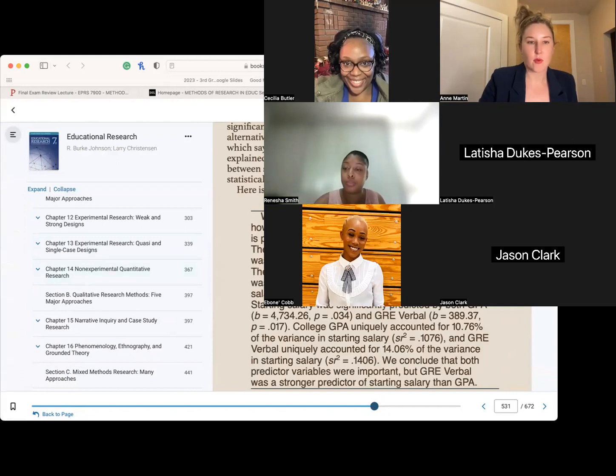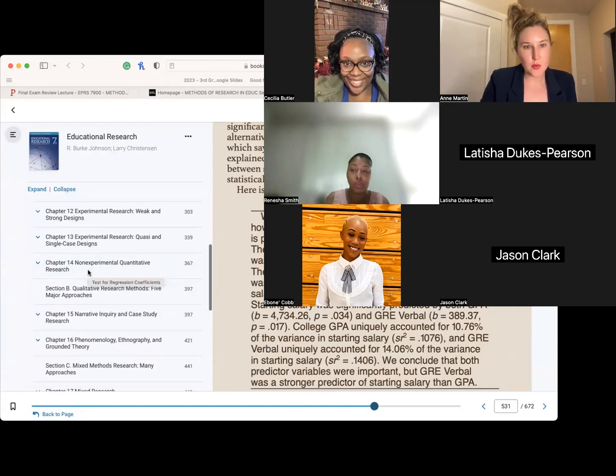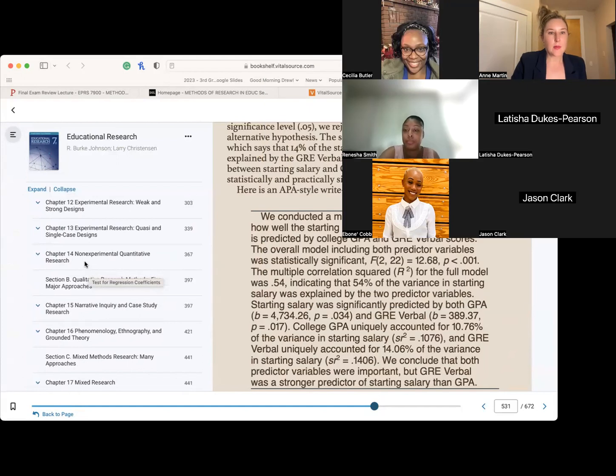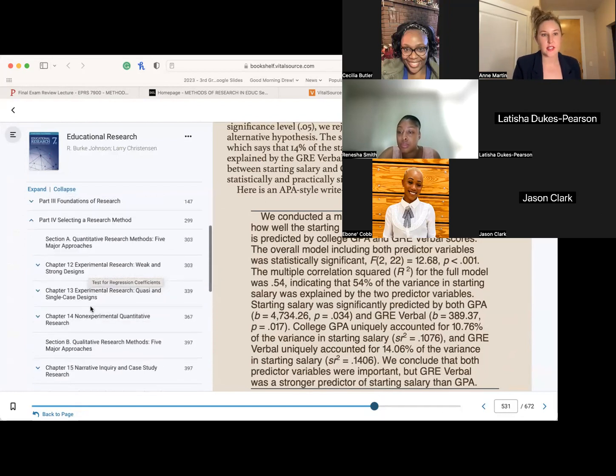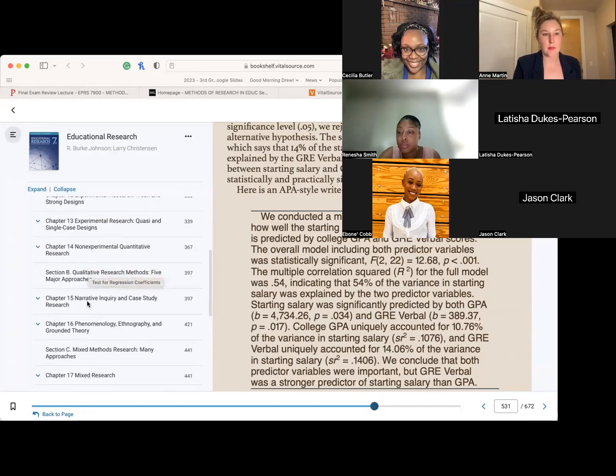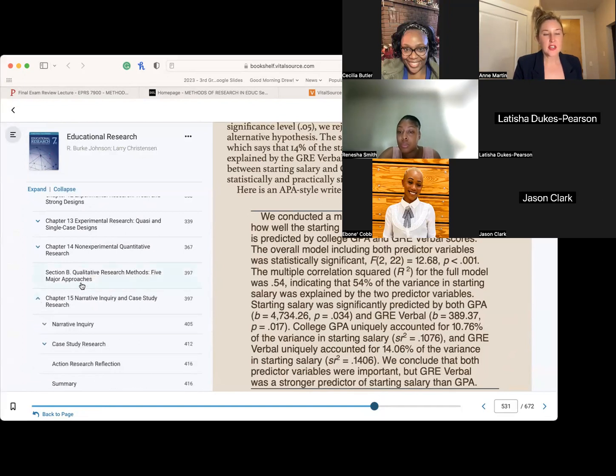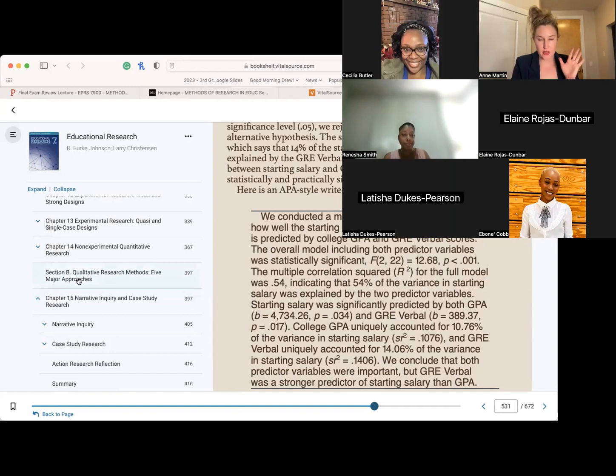So starting with chapter 14, non-experimental research, then going into descriptive statistics and inferential statistics, then coming back to chapter 15 to do the narrative inquiry. Now, this section right here, in between chapters 14 and 15, is helpful for just an introduction to qualitative research and the different types.